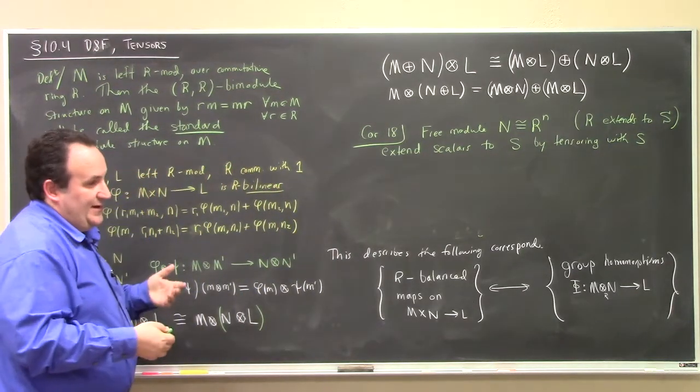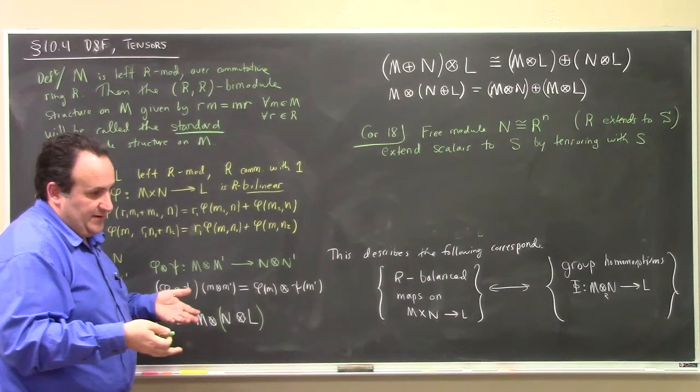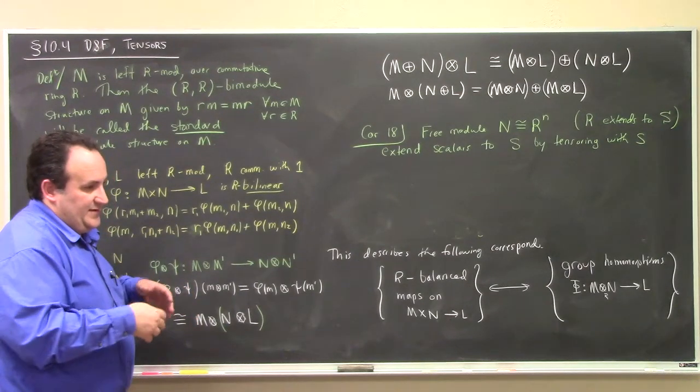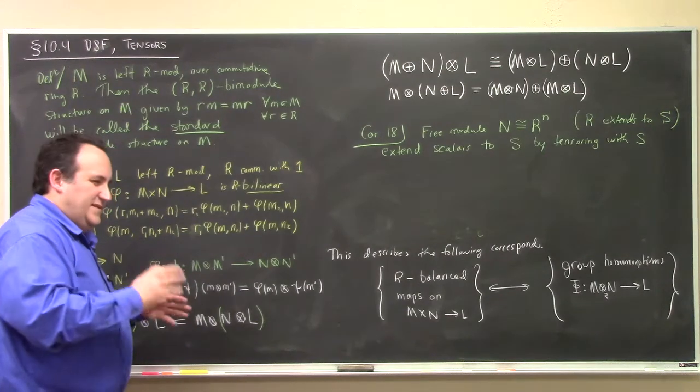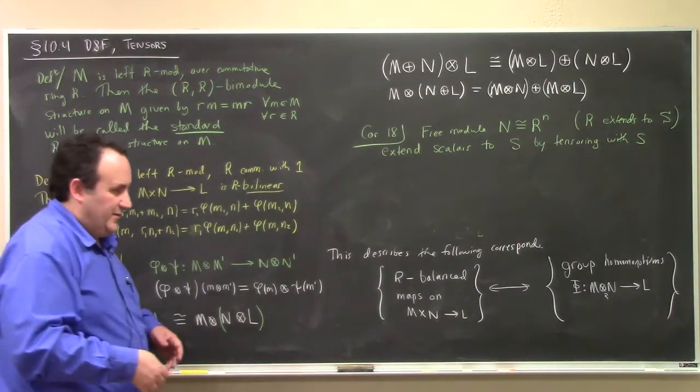The most naive way is when R is a subset of S, right? If R is a subset of S, there's a natural idea of extending it in that way. But he's a little bit more general than that in this section if you read it.